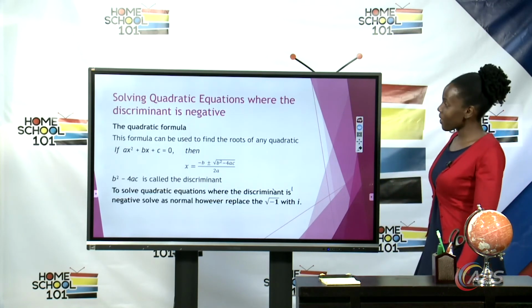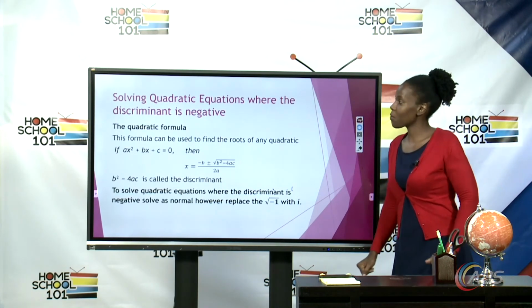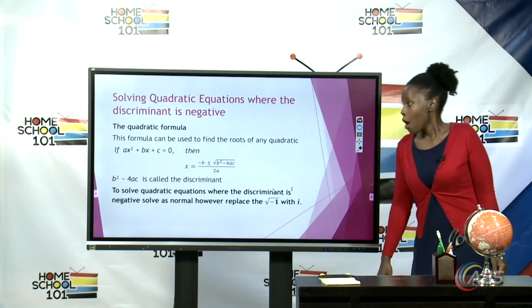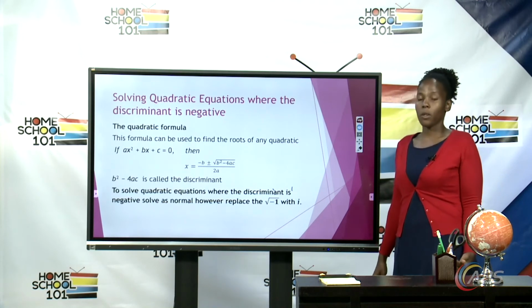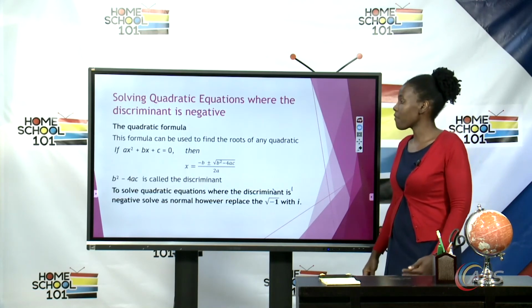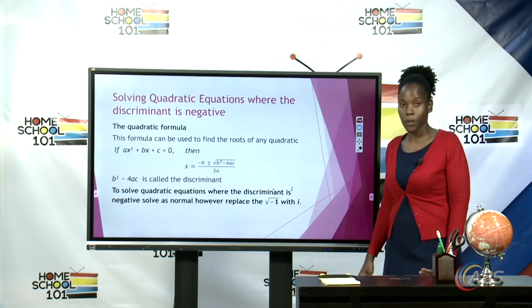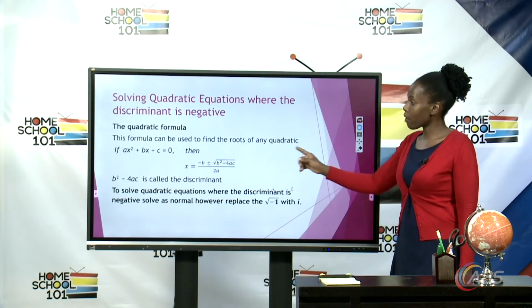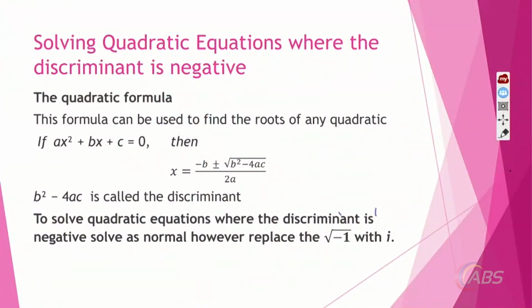All right, so the next thing we will look at is solving quadratic equations where the discriminant is negative. Now, we know the quadratic formula, and the quadratic formula can be used to find the roots or the solutions for a quadratic equation. So the general form of a quadratic equation would be ax squared plus bx plus c is equal to 0.